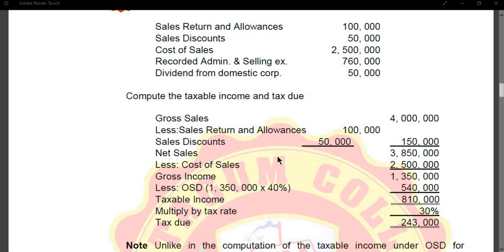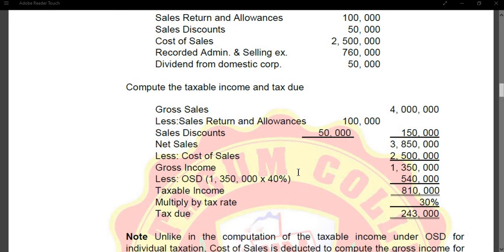1,350,000 pesos. So that's multiplied by 40% optional standard deduction. That gives you 540,000 pesos.